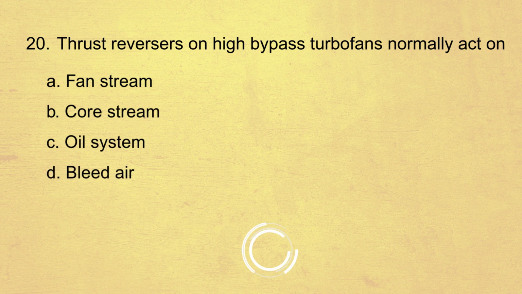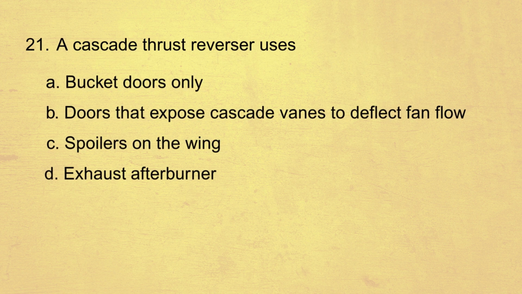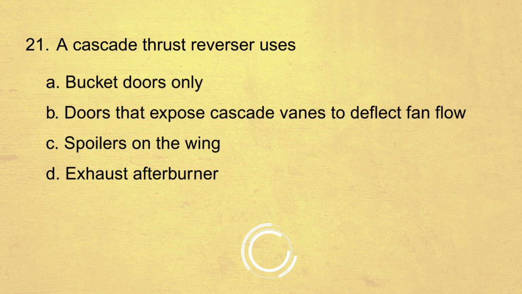Thrust reversers on high bypass turbofans normally act on the fan stream. A cascade thrust reverser uses doors that expose cascade vanes to deflect fan flow.